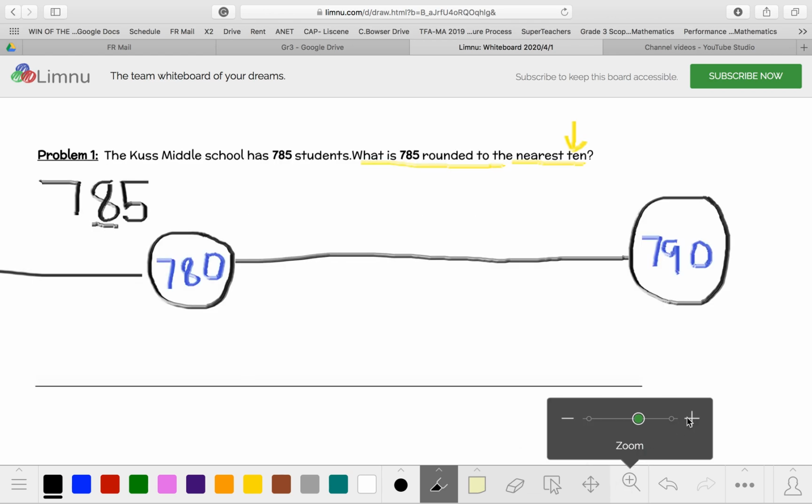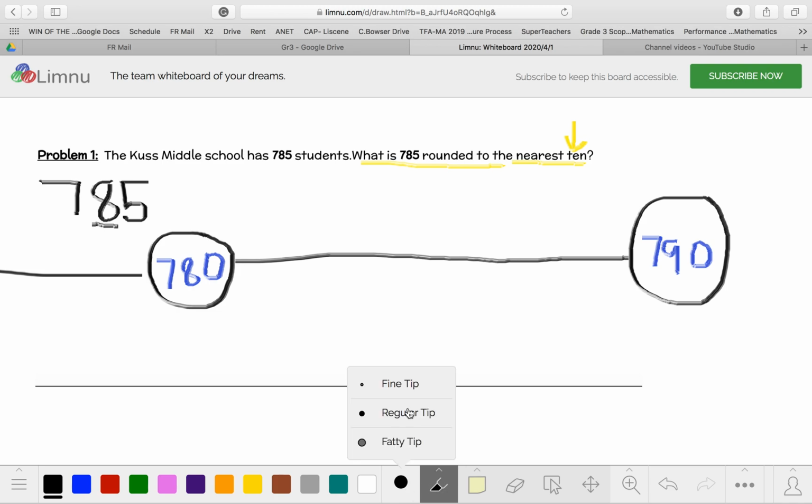So let's zoom back in because now we know we're working here. Now I'm going to find my midpoint, and I'm going to divide my number line in half, and I know halfway between these is the number we're working with. That halfway point is 785.